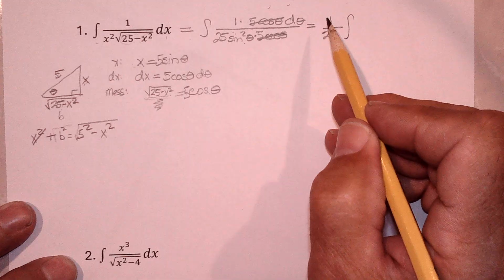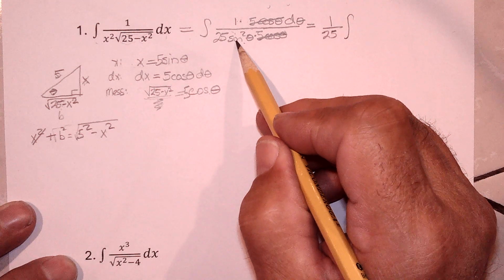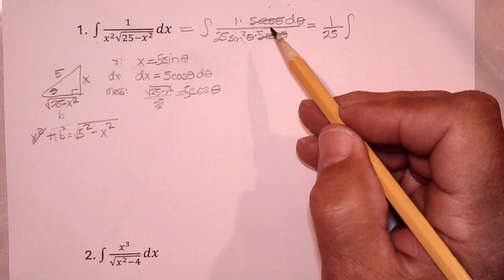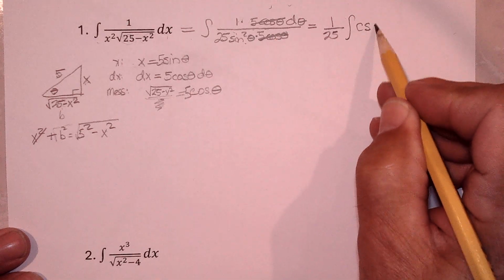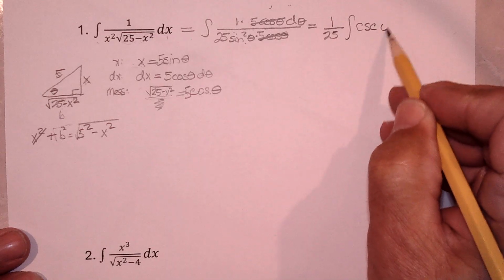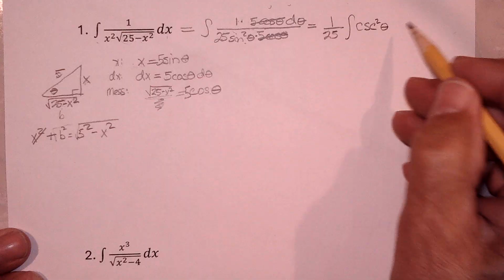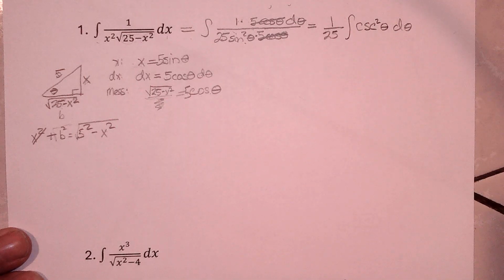Which is messy, but 1 over sine, the reciprocal of sine, is cosecant. And since it's sine squared, this would be cosecant squared theta d theta.